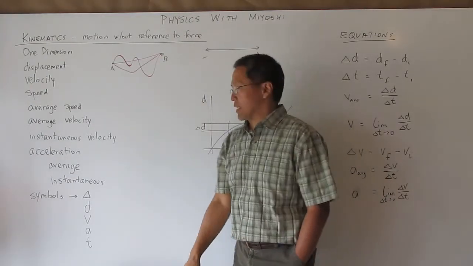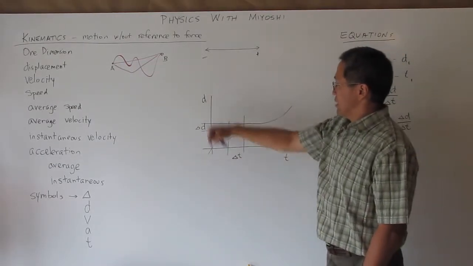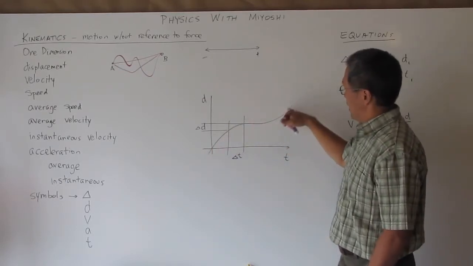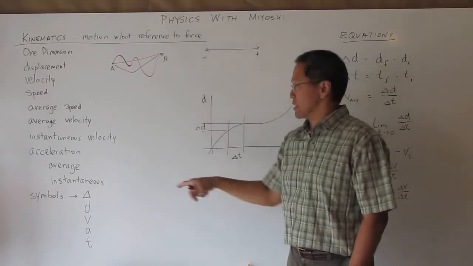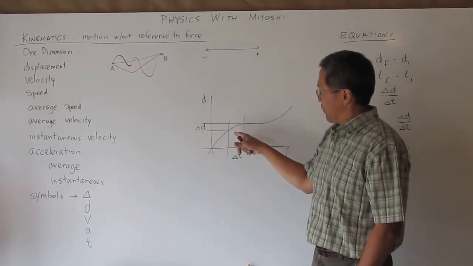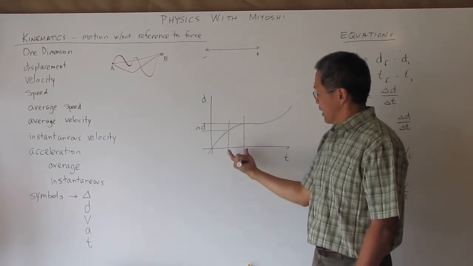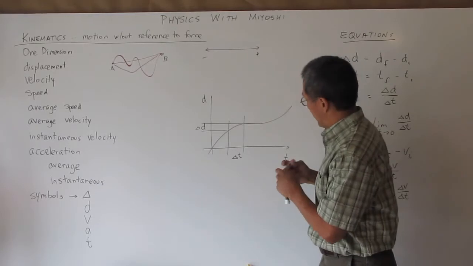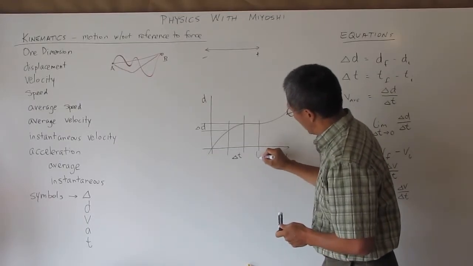Instantaneous velocity is a little bit different. If we have a graph of our distance and time, and some kind of graph that does something like this, our instantaneous velocity is what happens if we make that change in time smaller and smaller and smaller, to where we get a single time.